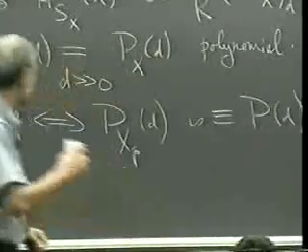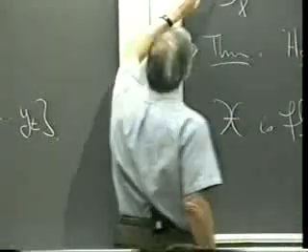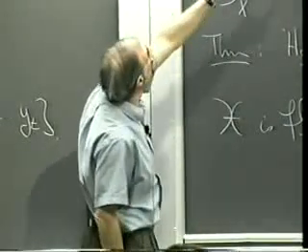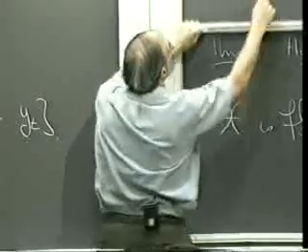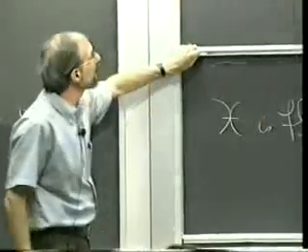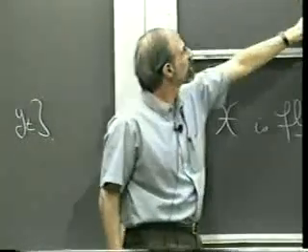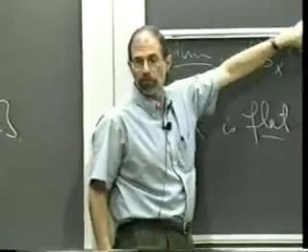Now, from an algebraist's point of view, we might ask a different question. We might ask when this family of rings that I've defined is a ring, right? And I get a new ring for every point p.